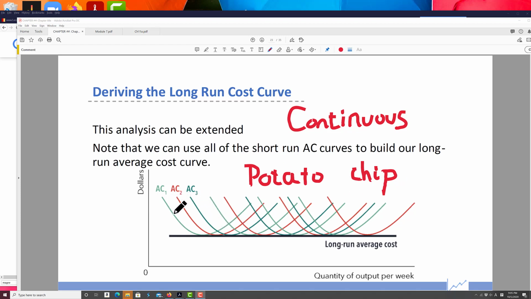Depending on the market demand, you can fine-tune the firm size or factory size. You can build this AC1 or AC2 or AC100. Depending on the desired output level, you can choose any one of these cost curves and factories.